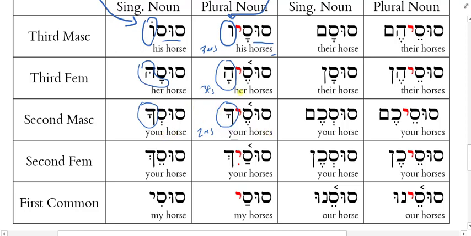Sorry if you speak Spanish. But notice that there is a yod before the ka attached to the plural noun. So susecha is your horses. Susecha, vocal sheva, your one horse. Susecha, your multiple horses. All right, look at your horses where the you is a feminine singular you. It's susayich.